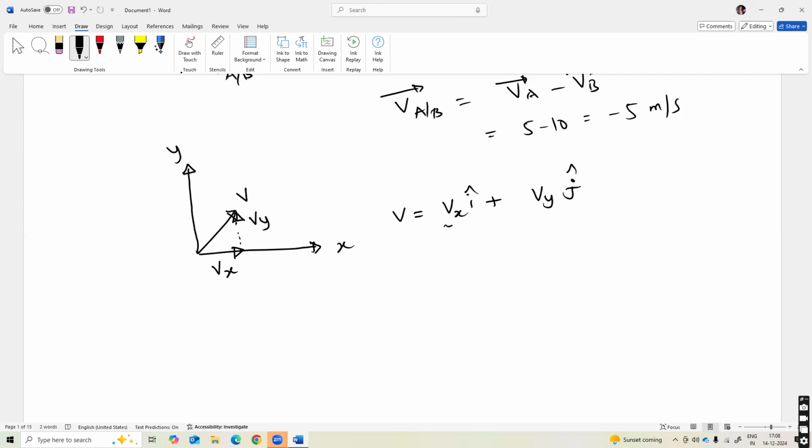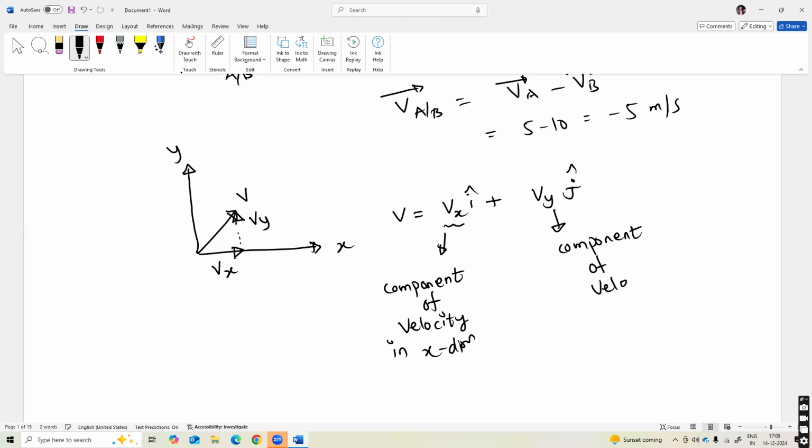Here vx is the component of velocity in the x direction, and vy is the component of velocity in the y direction.